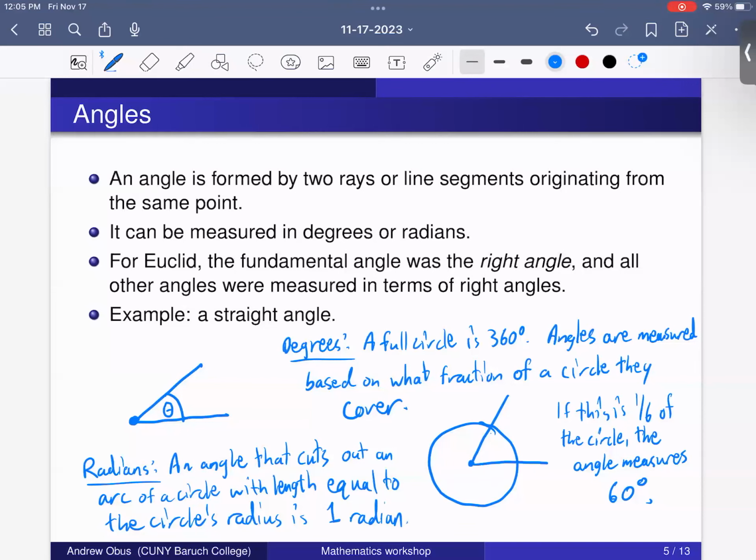Okay, so it's an acute angle, right? This is also an acute angle. Angles can be acute and obtuse and right, and I'll talk about that a little bit more later. So an angle that cuts out an arc of a circle with length equal to the circle's radius is by definition 1 radian. So let me just draw a picture of that on another page.